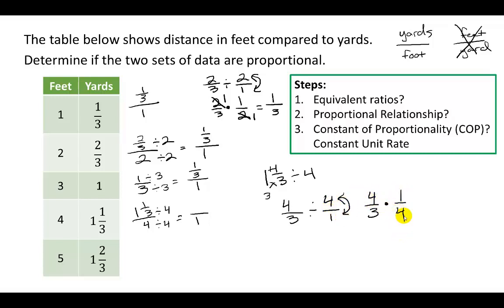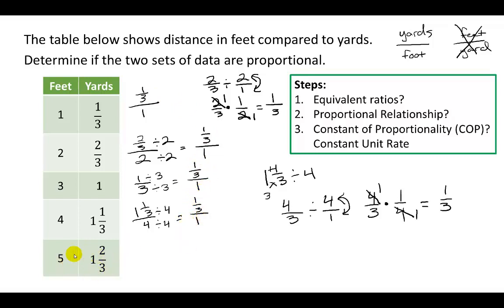I see there's 4's on top and bottom, and so I'm going to say 4 divided by 4 is a 1. 4 divided by 4 is a 1. And now I'm going to multiply. 1 times 1 is 1. 3 times 1 is 3. This fraction is my numerator. It will become 1/3. And this is now 1/3 over 1, just like the other 3 ratios so far.